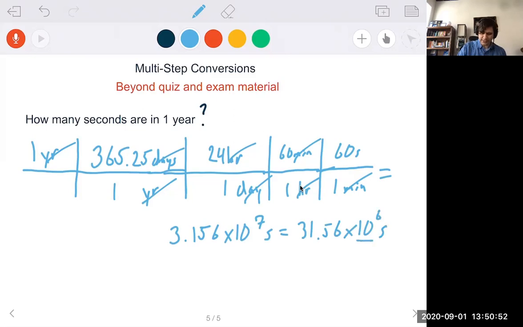What is my 10 to the 6th? 10 to the 6th is mega, so this would equal 31.56 megaseconds is 1 year.